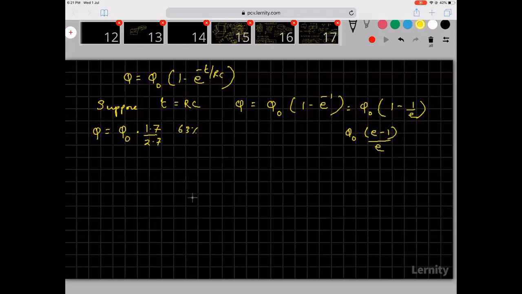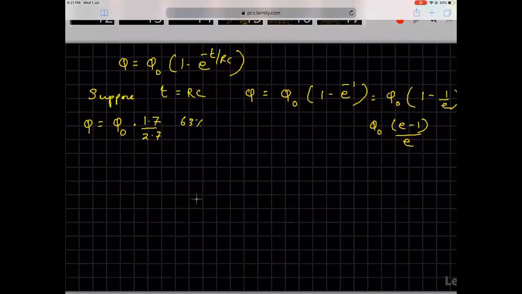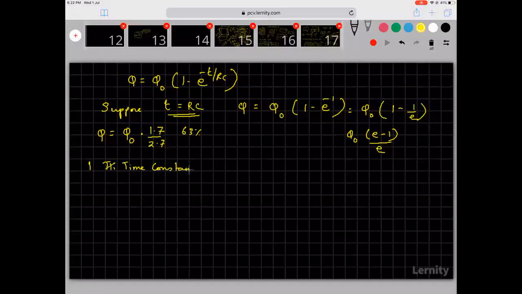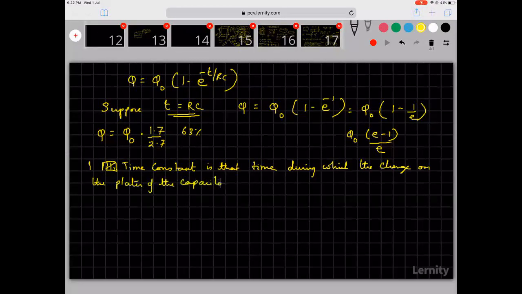So that gives you the definition of time constant. One time constant is that time during which the charge on the plates of the capacitor reaches 63% of max charge.